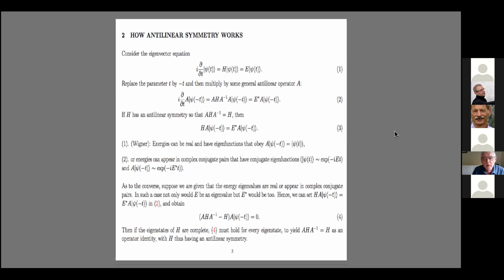This was already shown by Wigner, who discussed time reversal, which is an antilinear symmetry. He says the energies can be real and have eigenstates for which A of psi of minus t is psi of t, or they can be in complex conjugate pairs, E and E star. Those are the two realizations that Wigner identified.